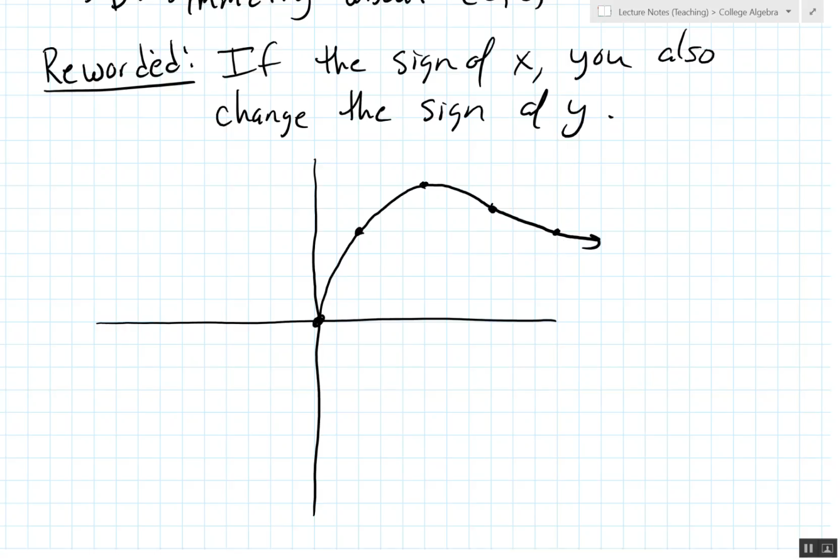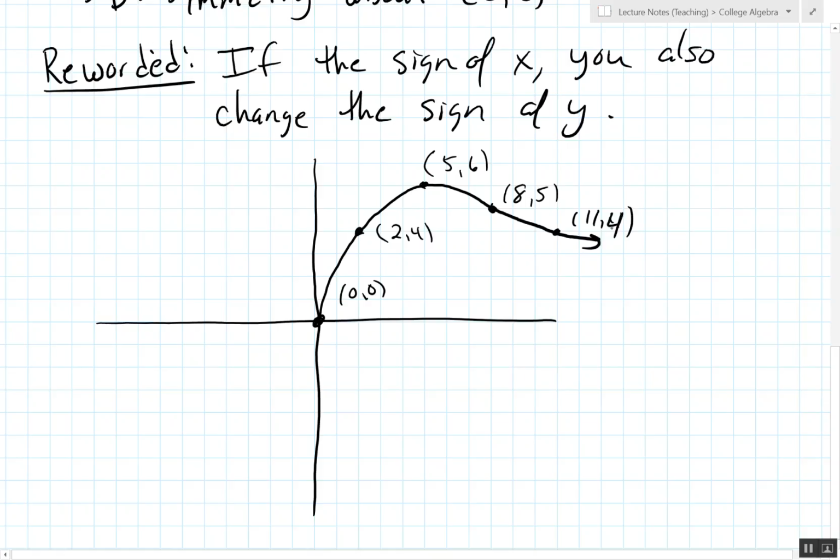So let's label these points. This is the origin. This will be 2, 4. This will be 5, 6. And this will be 8, 5, and 11, 4.